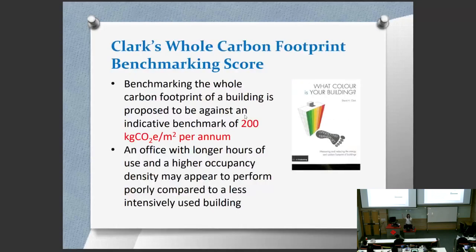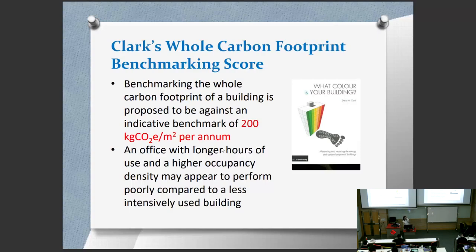Based on the same book, the author proposed a whole carbon footprint benchmark of 200 kg carbon dioxide equivalent per square meter per year. You have to understand that this is based on certain assumptions, like the occupancy density and the operation schedule.